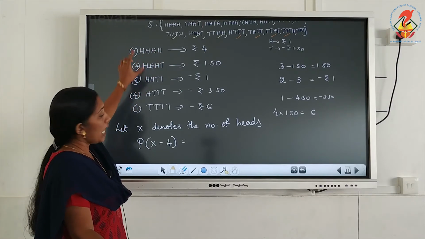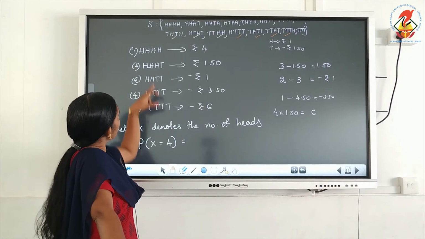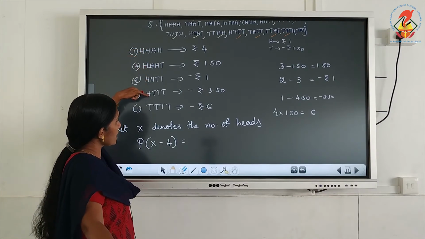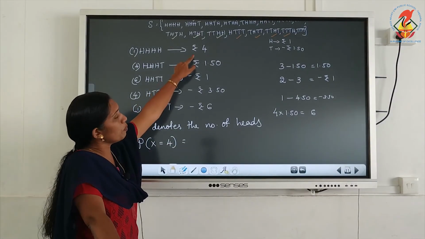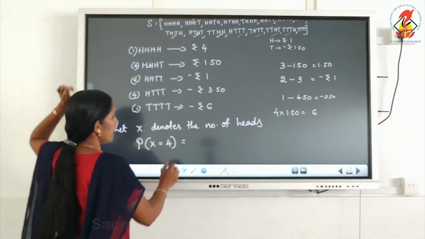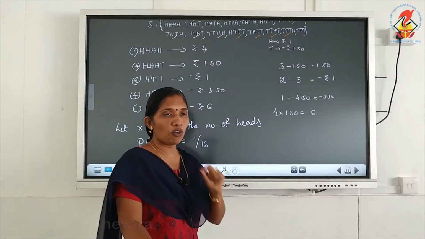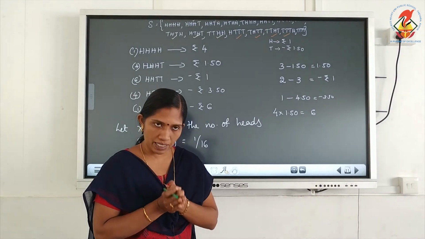Then X3 here, X2 here, X1 and X0. Based on heads I am writing. So X is equal to 4, that is rupees 4. How many outcomes? It is 1 only. So 1 out of 16. 16 outcomes are there in total. Now for this 4 rupees, what is the probability? It is 1 out of 16.